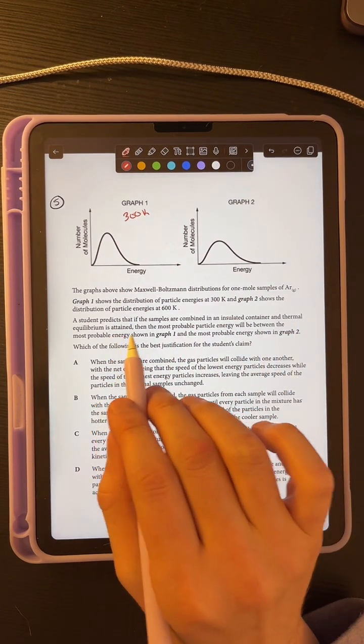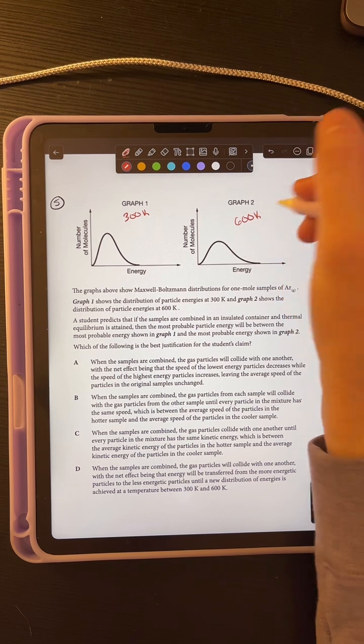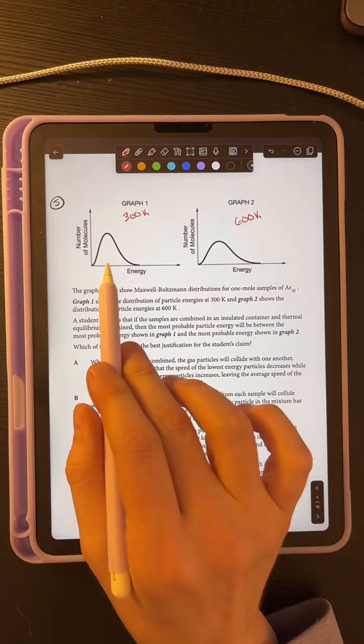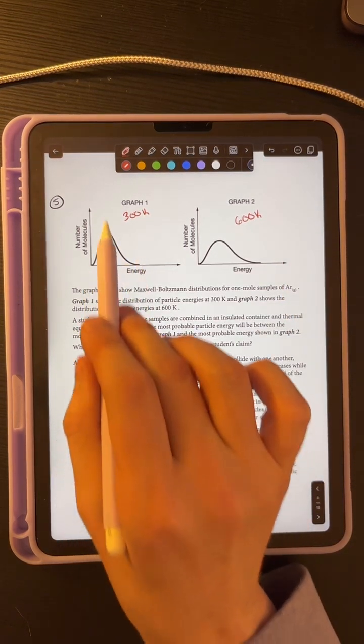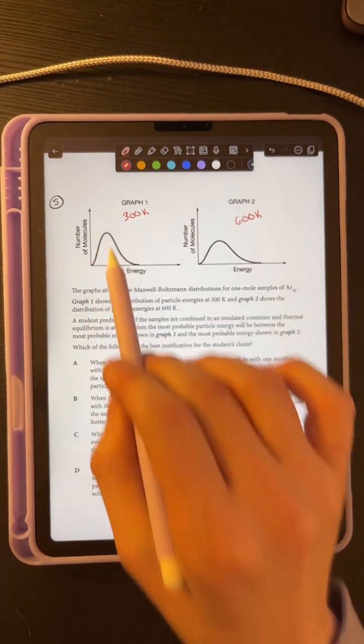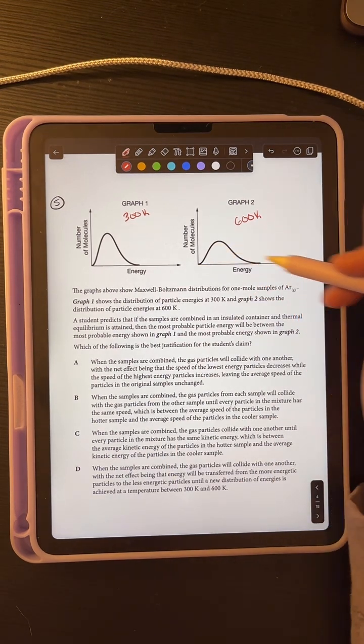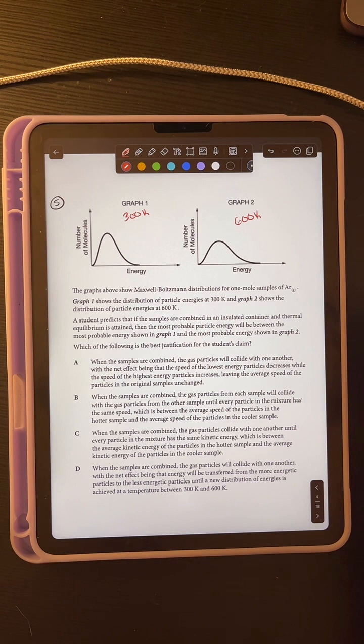And graph 2 shows the distribution of particle energies at 600 Kelvin. And that matches up to exactly what we were saying, right? Colder temperature, a bigger, narrower peak. And then warmer temperatures, a more elongated peak.